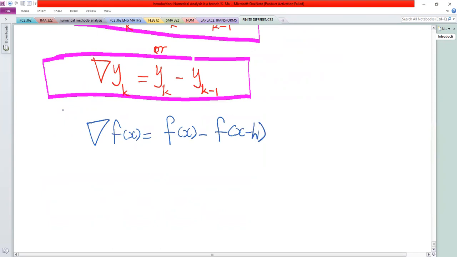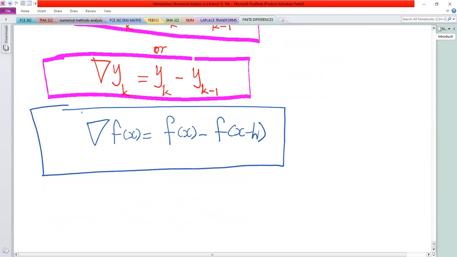All these are the same in terms of interpreting the backward difference of a function f of x.